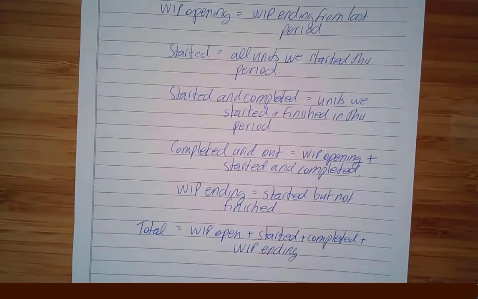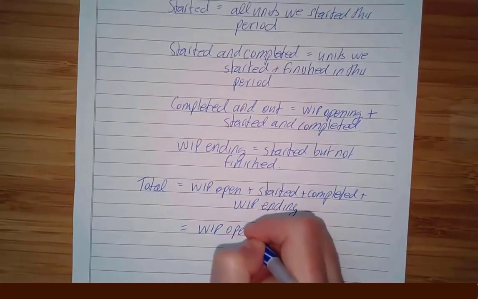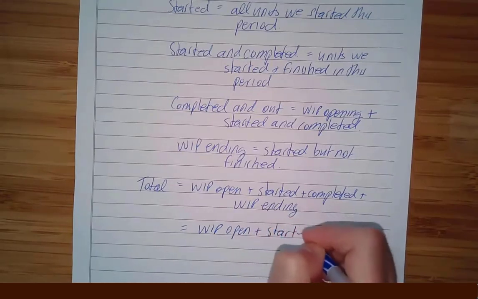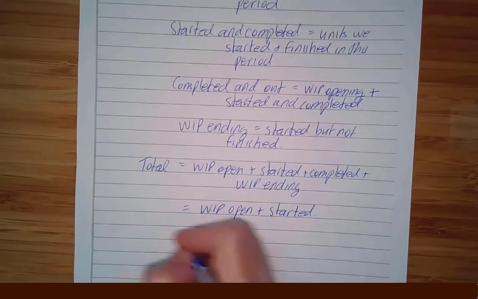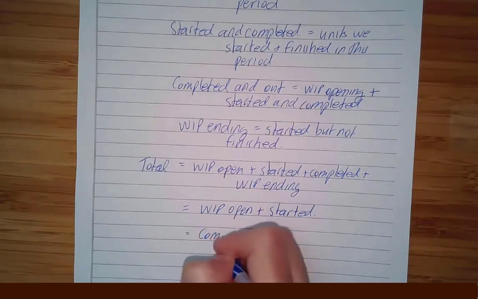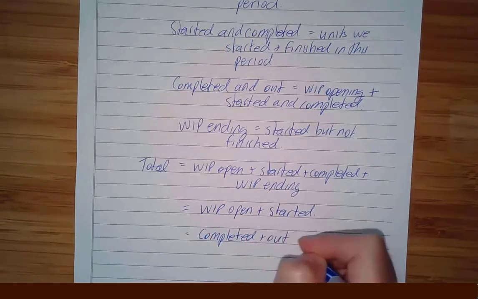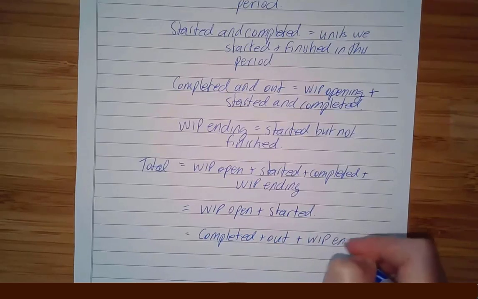But I could calculate that in other ways too. It's also equal to work in progress opening, wait, I'll move the page up. Work in progress opening plus started. And when you think about it, total is also equal to completed and out plus work in progress ending.